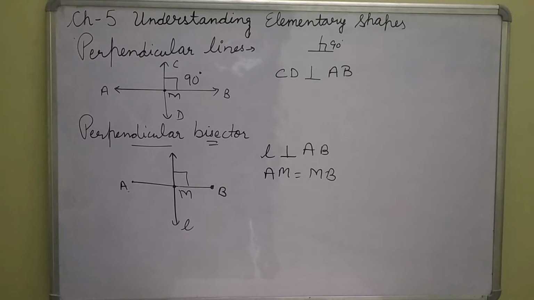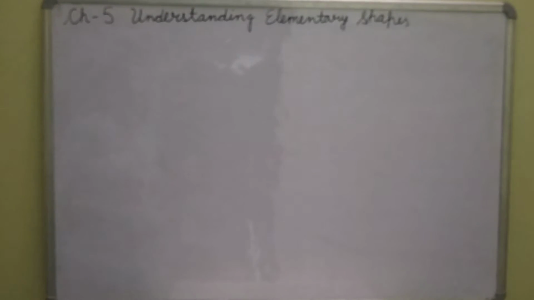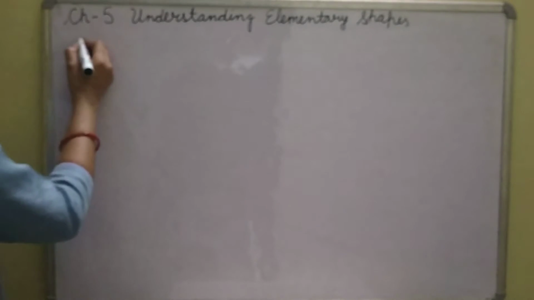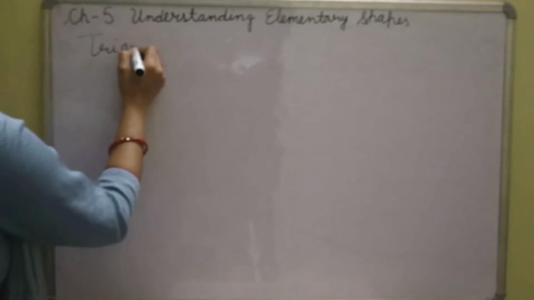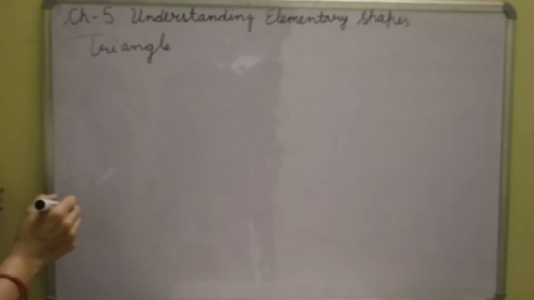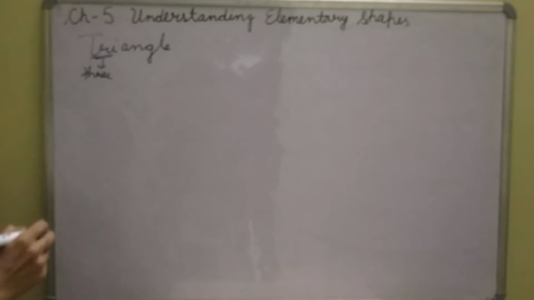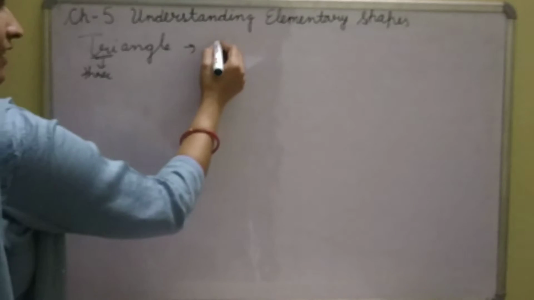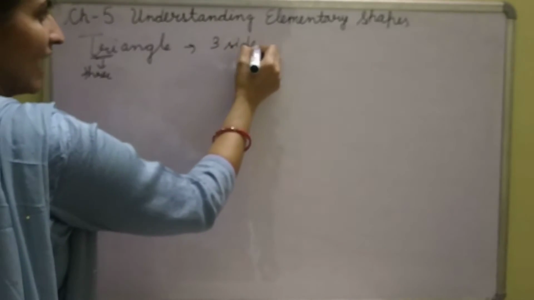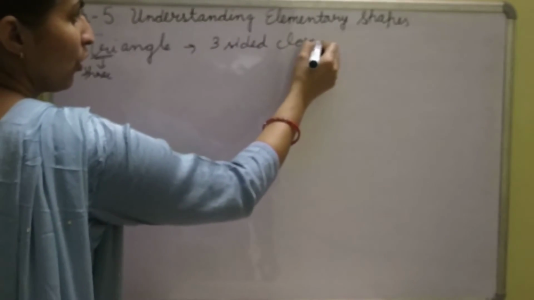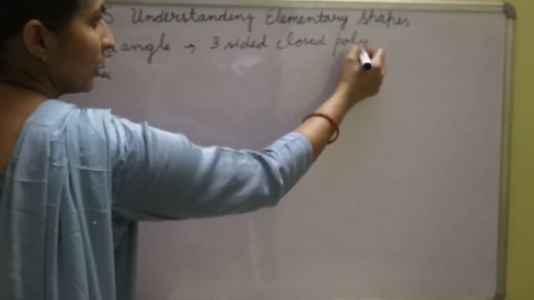Now let's move to the next topic. Now our next topic is triangle. Now what do we mean by triangle? Tri means three. So triangle is a three-sided closed polygon.